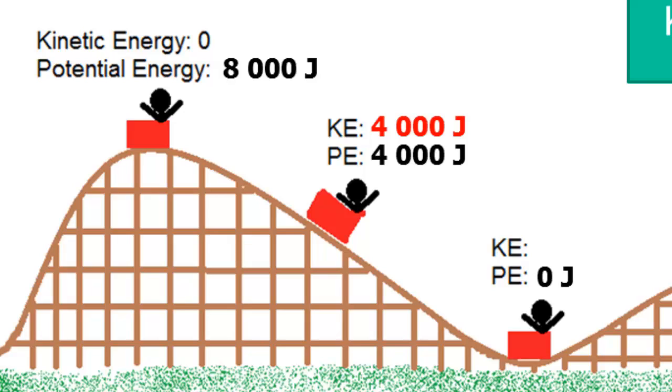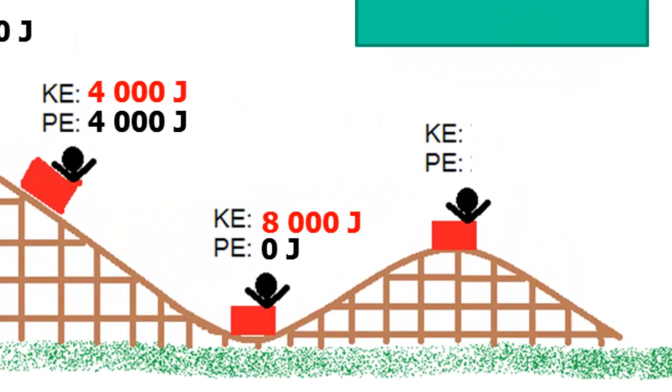So this is now 0 joules, but where has all that energy gone? It has all gone to kinetic energy, so that will have 8,000 joules now. Then it starts to move up a little bit, and we can say that it's halfway between the 0 and the 4,000 joules, so it's going to be 2,000 joules of potential energy, which means that there must still be 6,000 joules of kinetic energy.